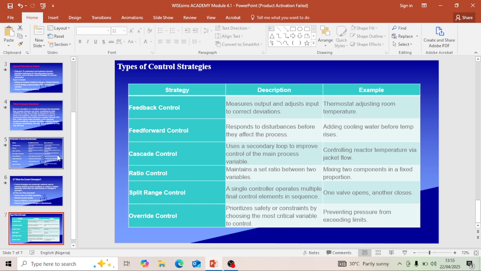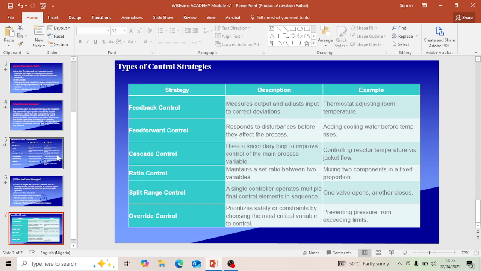Then we have the split range control. It's a single controller that operates multiple final control elements in sequence. The example is one valve opening while another closes. Imagine you have two pumps, one feeding cold water and the other feeding hot water, and in that tank you have to regulate the water at a particular temperature, let's say we want to keep it warm at 30 degrees.